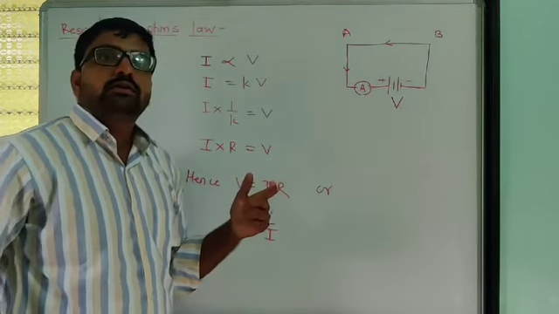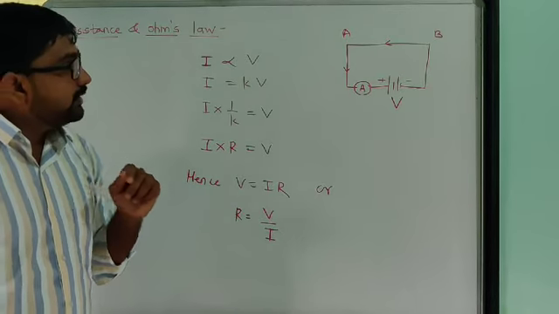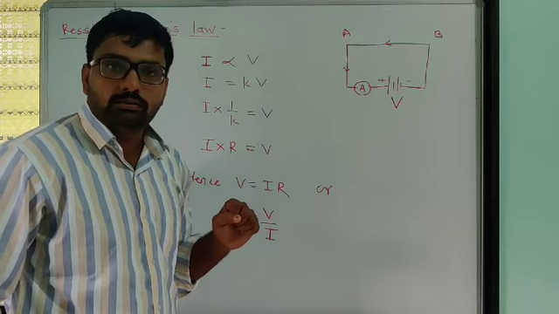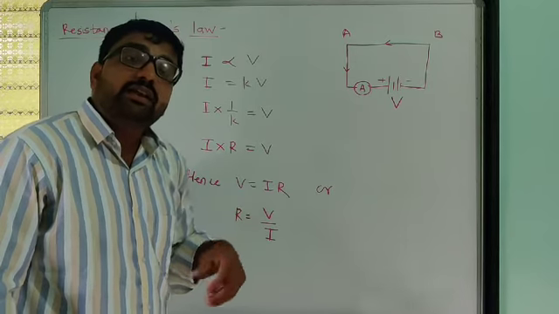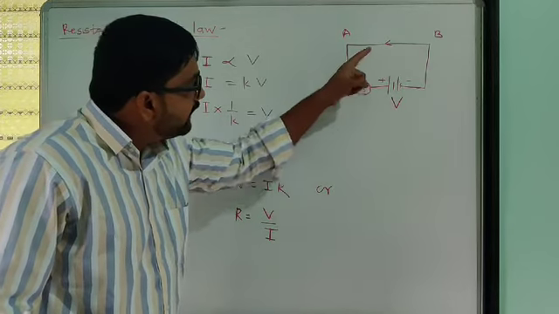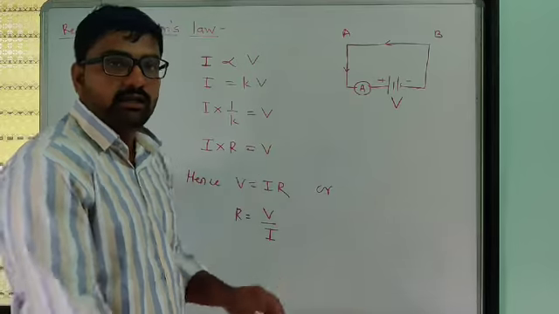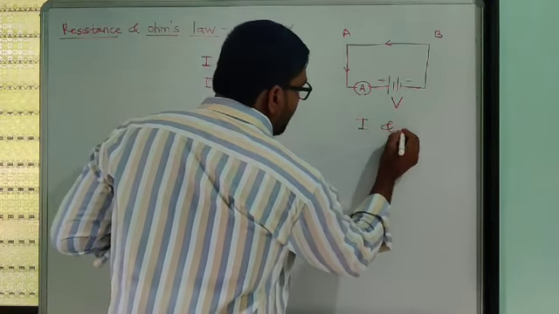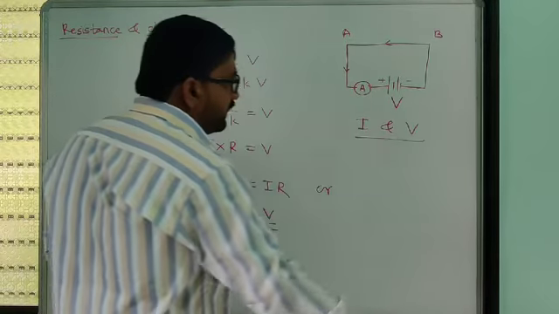The scientist Georg Simon Ohm studied the relation between electric current I and potential difference.